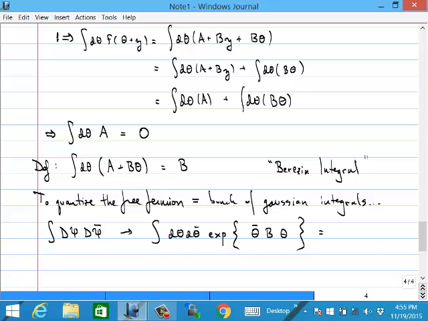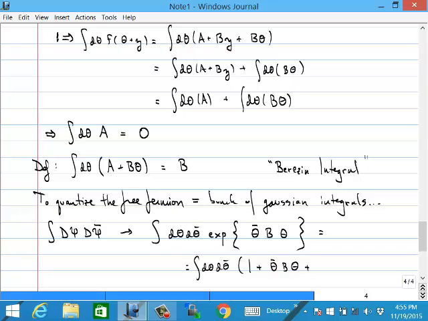So it's 1 plus the argument squared plus so on and so forth. Now the integral d theta of 1 is equal to 0 by definition. And so you're left with the integral d theta bar of 1 plus theta bar b theta plus that quantity squared plus that quantity cubed and so forth.